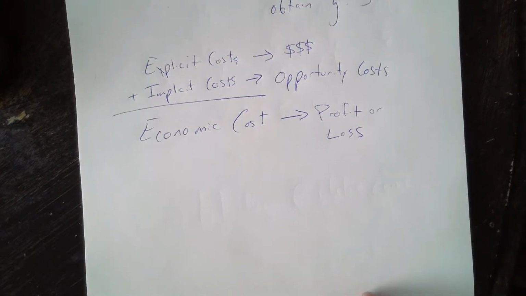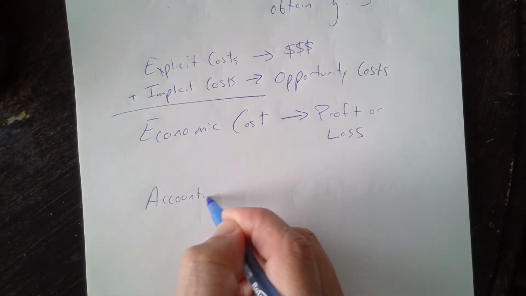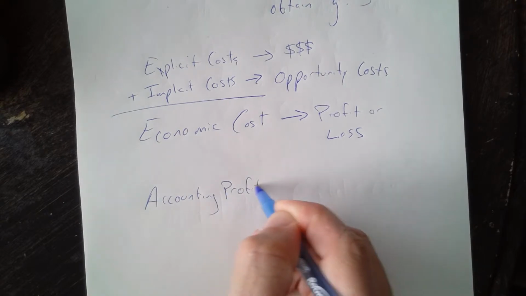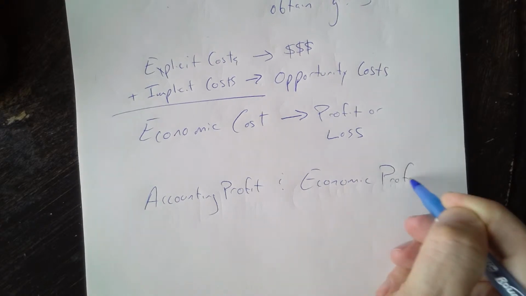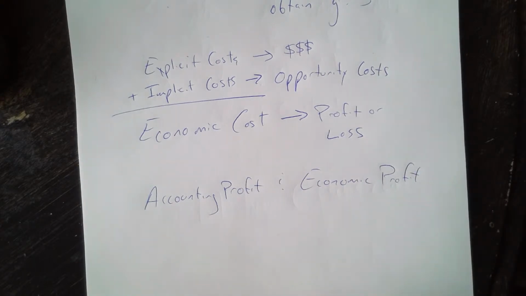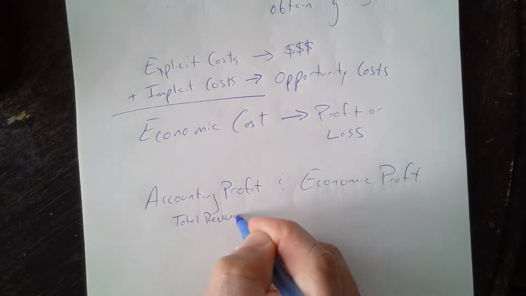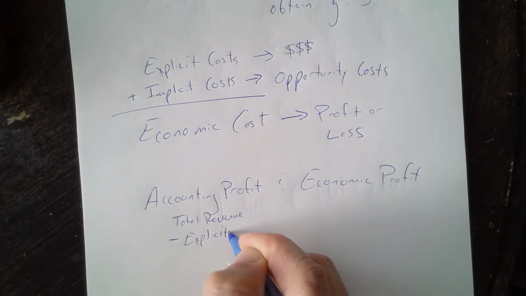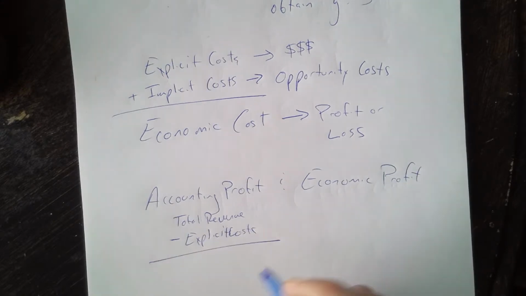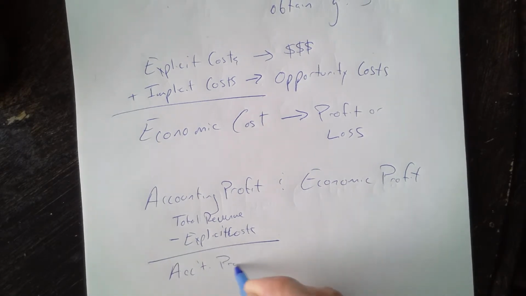So, big picture, the thing that is most important is accounting profit and economic profit. Now, accounting profit is the basic profit that we always think about, is your total revenue minus your explicit costs, and that gives your accounting profit.